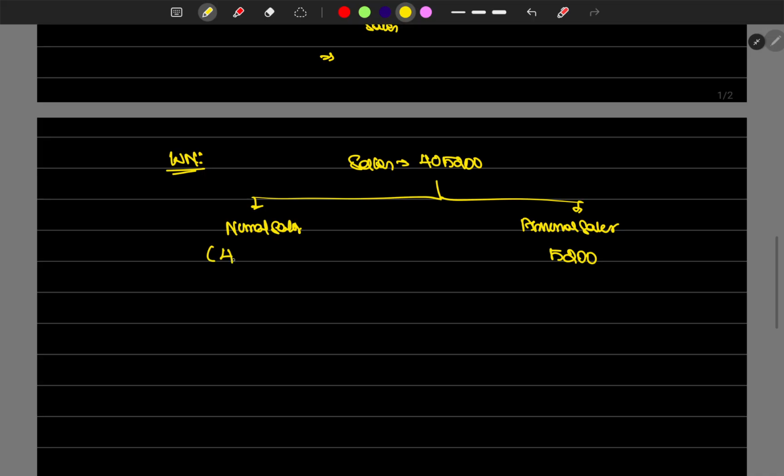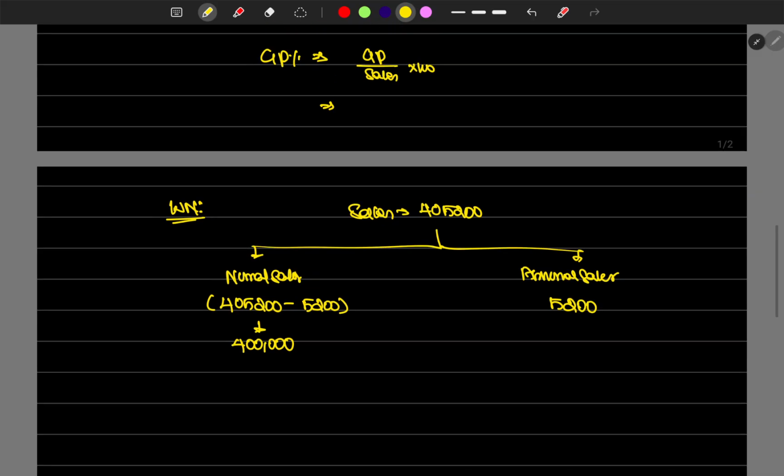Then normal sales would be 4,05,200 minus 5,200, which is 4 lakhs is the normal sales, right? We don't know the profit for this amount, but we know the sale value for this amount, which is 5,200, and also we know the cost, which is 10,000.